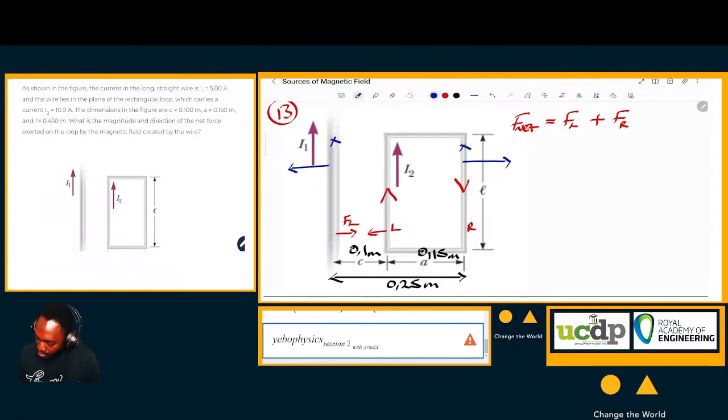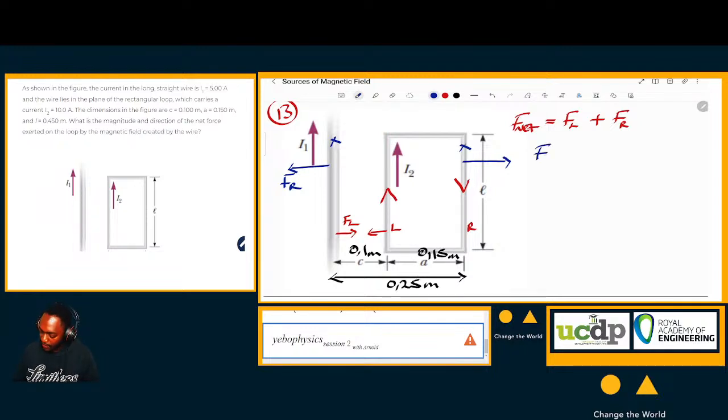So the force of the straight conductor on the loop due to the right side will be moving to the right.